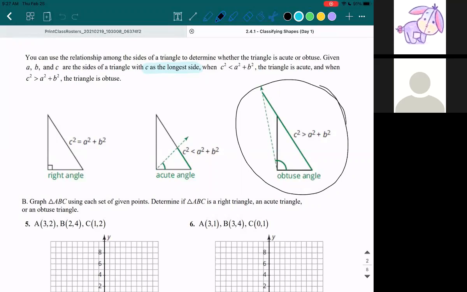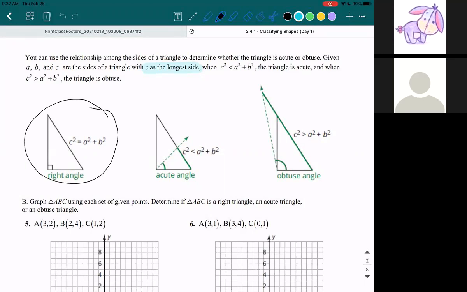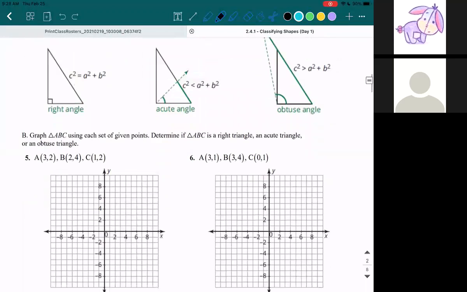Obtuse angle literally just means an angle that's bigger than 90 degrees. And so when you have that, C squared greater than A squared plus B squared, you have an obtuse triangle. And then of course, if you have C squared equal to A squared plus B squared, that is a right triangle. So just using this as a reminder for us, let's try out number 5 and 6.